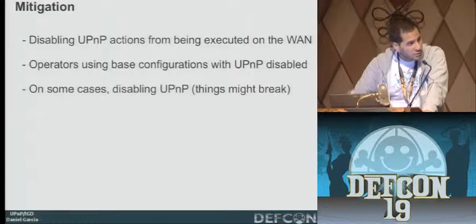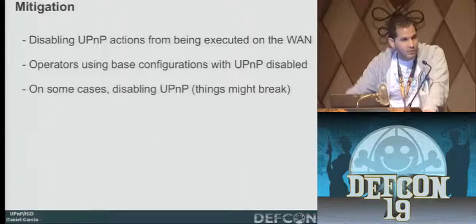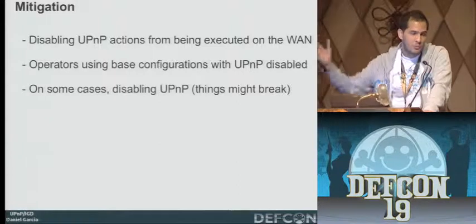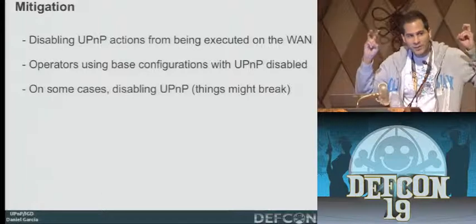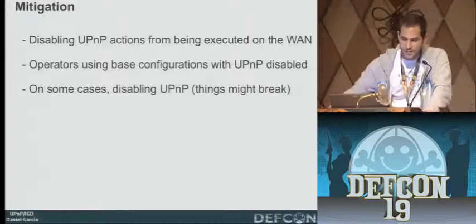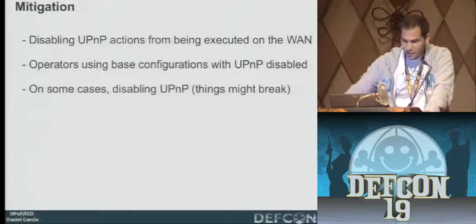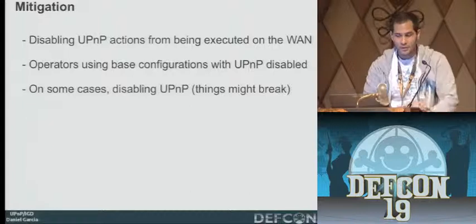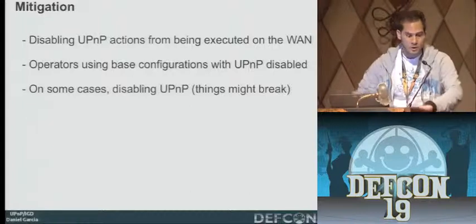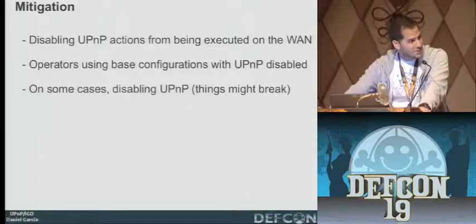Now, this is a big problem because most ISPs just say, that's not my problem. That's a customer's problem. I don't want to. It's an industry problem, which is, yeah, deplorable. And in some cases, if you don't have any other choice, you could just disable UPnP all the way, which is not good.